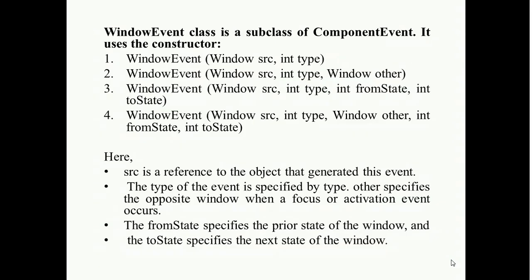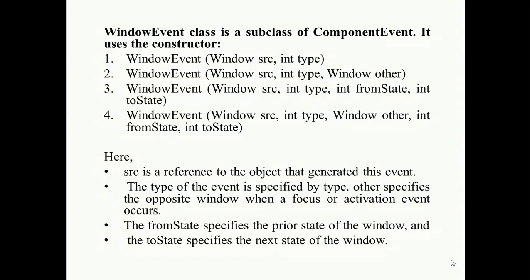Next are the constructors of the WindowEvent. There are four constructors of the WindowEvent. First is WindowEvent having parameters Window source and int type. Second constructor is WindowEvent having three parameters: Window source, int type and Window other.